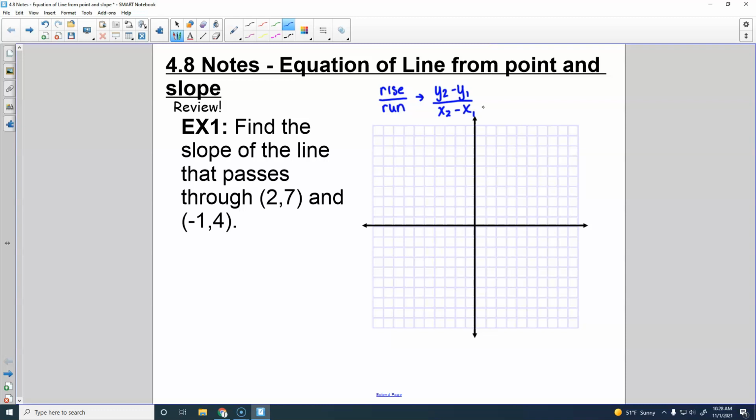So the negative one is a negative. How do you go up? If you're going to use the graph, (2, 7) is here, and (negative 1, 4).